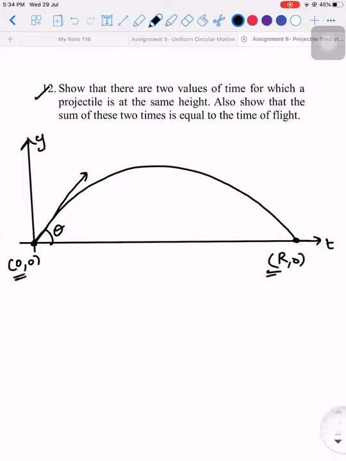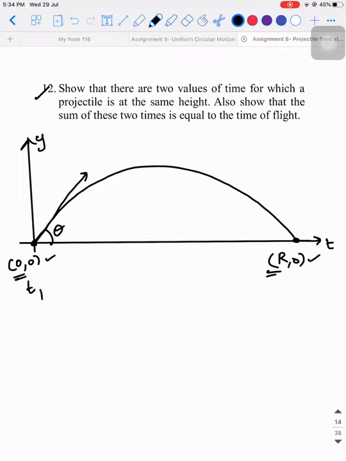Right? So what are the two instances at which the height is the same? If I ask you what is the height of the particle here? It is 0. What is the height of the particle here, when it is at r? It is 0.